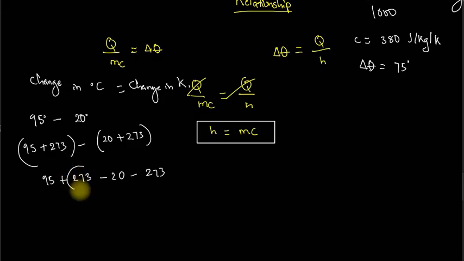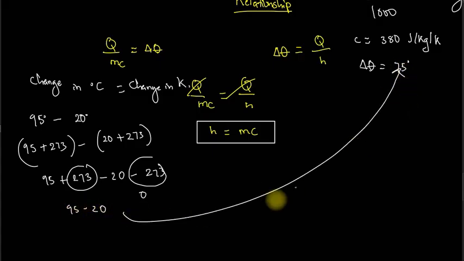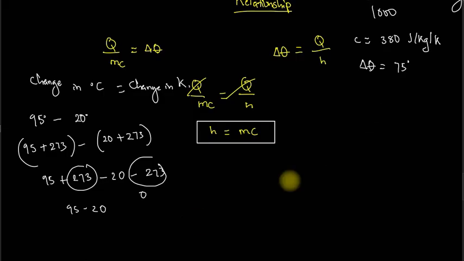You see that 273 minus 273 is equal to 0. So you are still left with 95 minus 20, which is the same thing that we're going to get at the end of the day. So change in Kelvin is also change in Celsius.